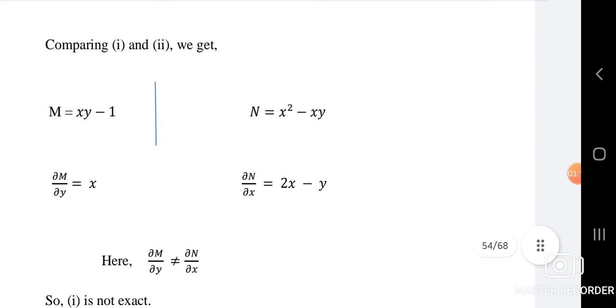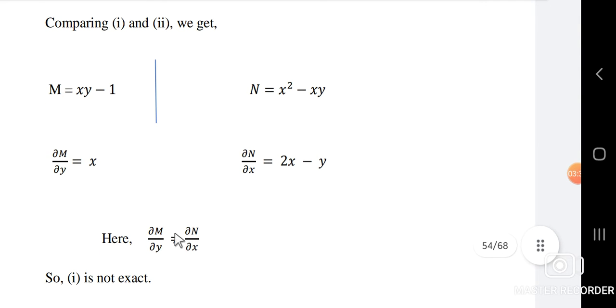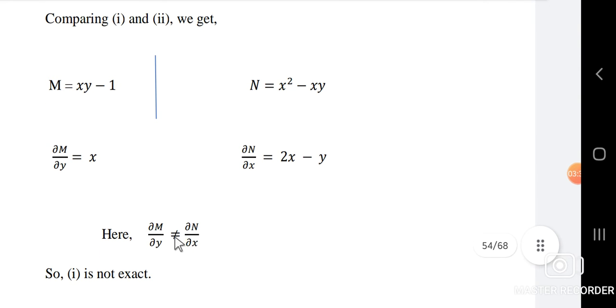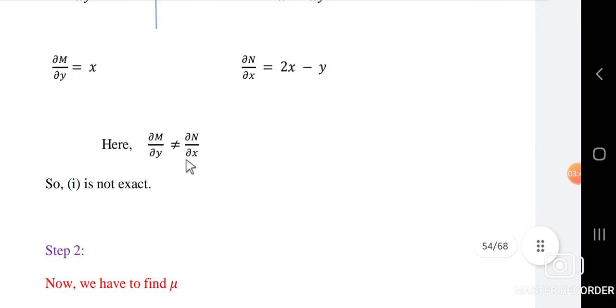And on the right hand side, differentiating N with respect to x partially, anything other than x is a constant, so x squared becomes 2x, and in xy, x becomes 1 and y remains the same because y is a constant. So here on the left hand side we have x, on the right hand side we have 2x minus y, so both are not equal, so the condition for exactness does not hold good, so the given equation is not exact. So our idea is to make this equation exact.